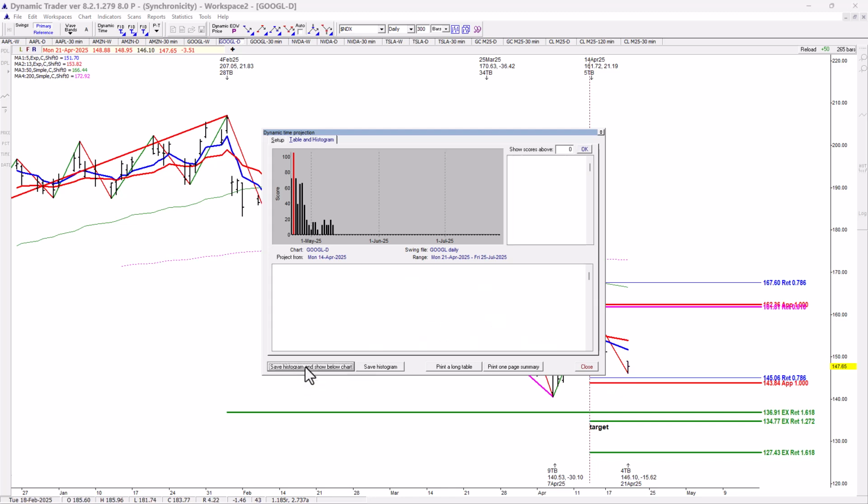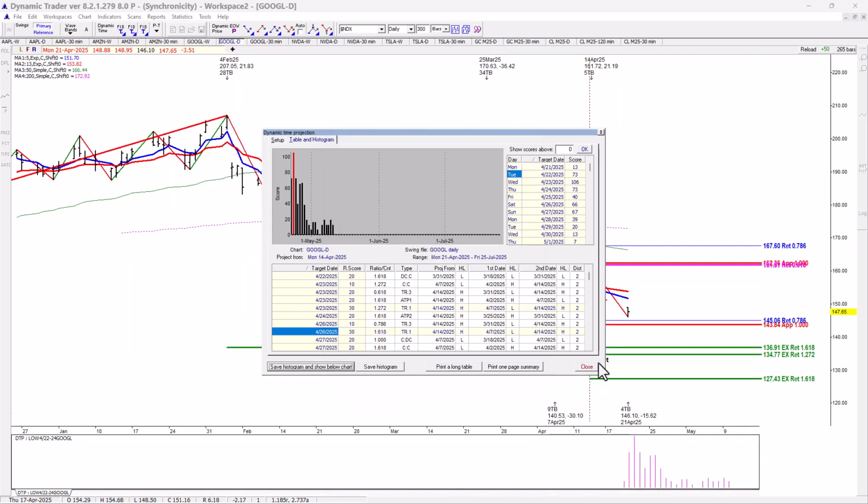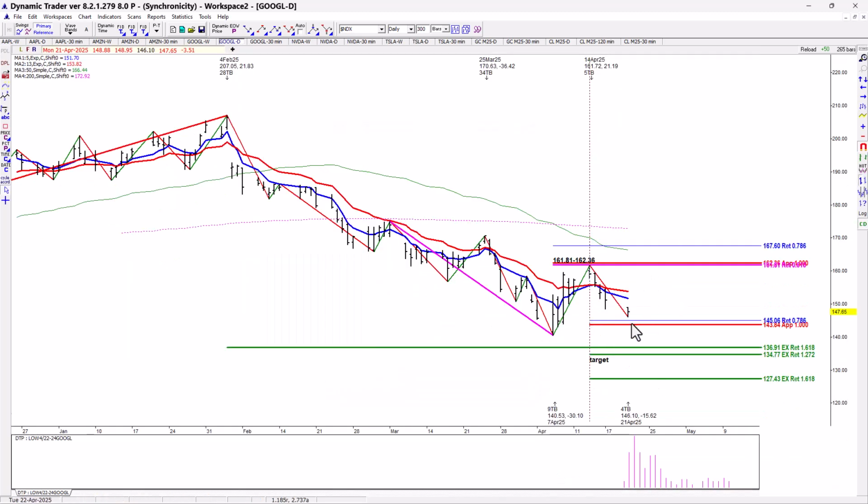So I just hit save histogram below the chart. Then I'm going to say low, and it's going to be the 22nd to 24th for Google. And that is the second reason why you want to ratchet down stops if you are short Google. Okay, the timing and the price.